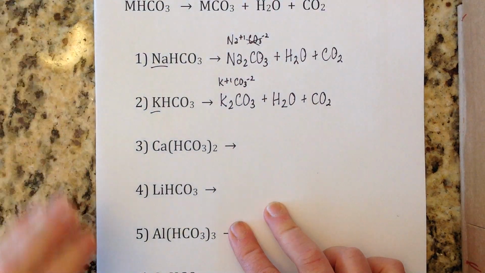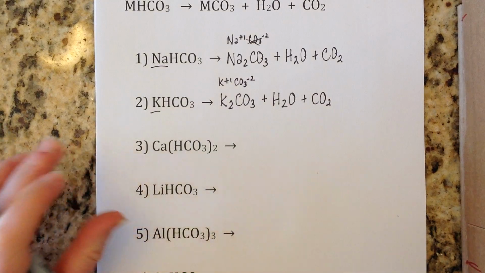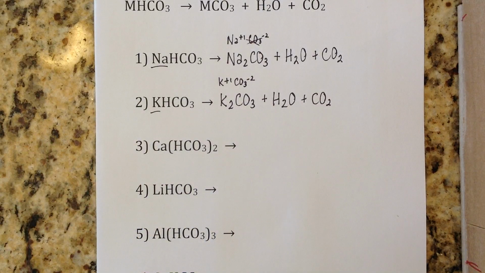And I will tell you that water is a liquid and the carbon dioxide is a gas. And later on, when we get into some more involved chemistry, we'll actually label all those things as solids, liquids, gases. But right now, we are just focused on predicting the products. We'll put all the other little bells and whistles in later.